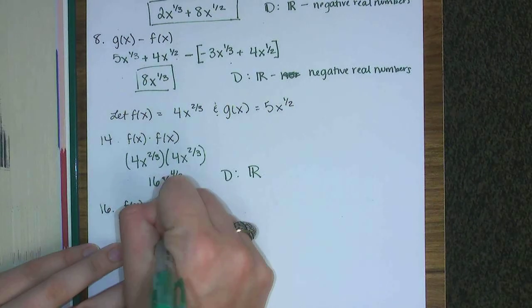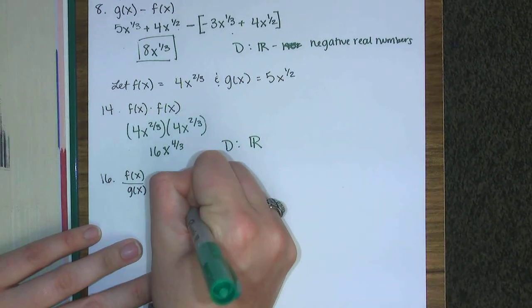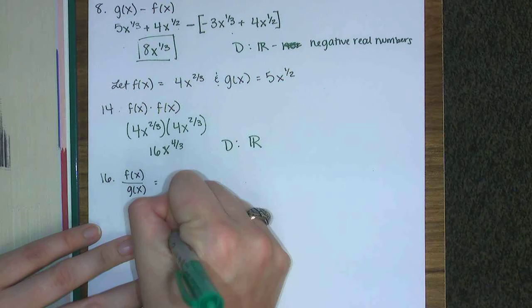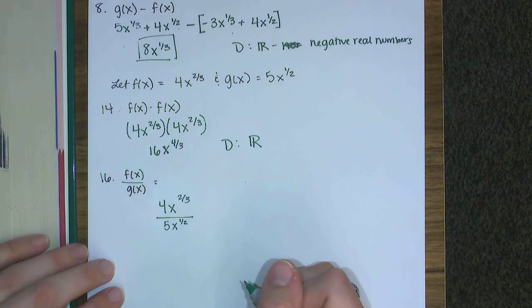Now, obviously here I don't have the same exponents. They are different, but I can still go about it the same way as I normally do. So 4 divided by 5, well, that's not something that I know, so I can just leave that as 4/5.